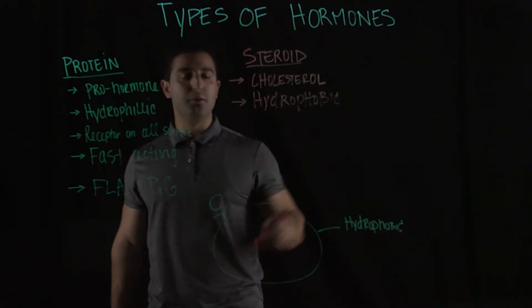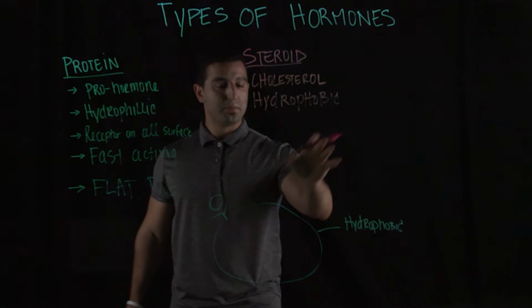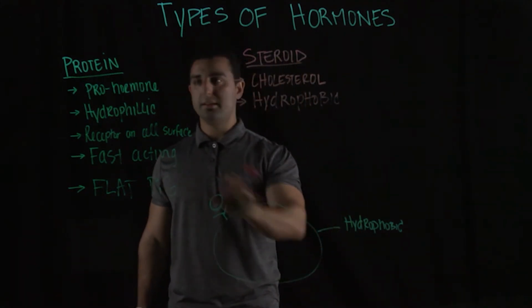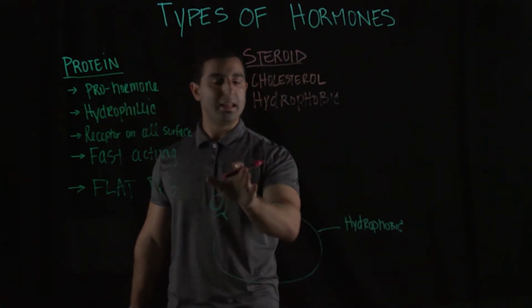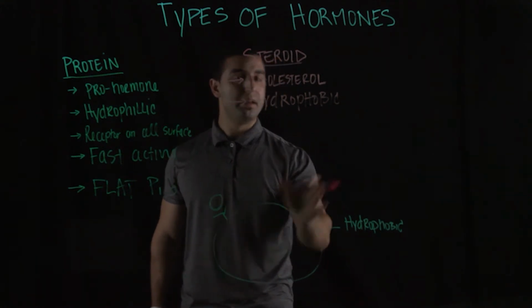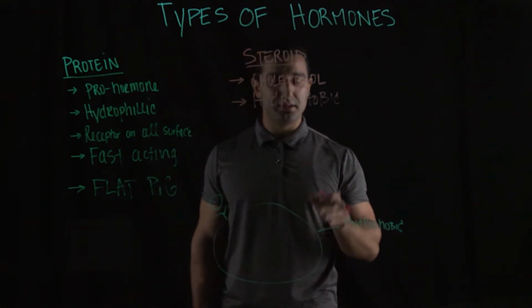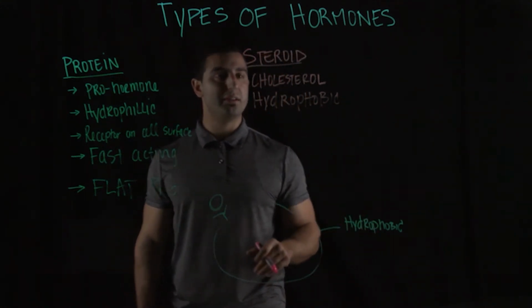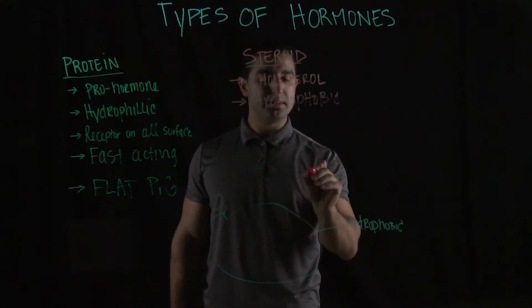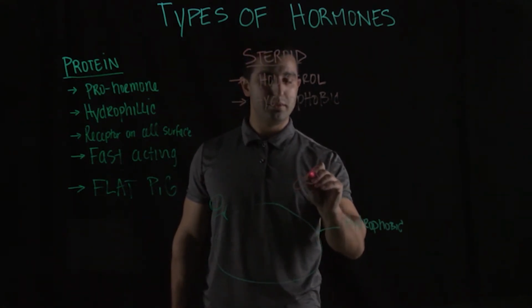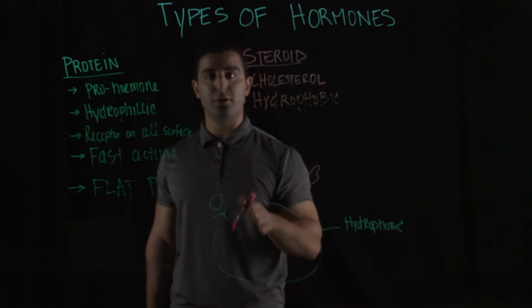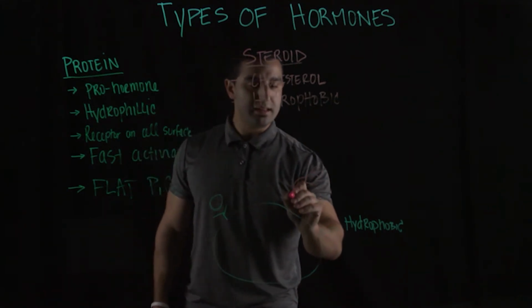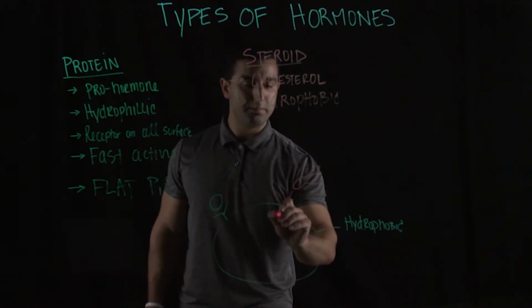They are hydrophobic. So we said that proteins are hydrophilic, so they cannot cross the membrane barrier. How do steroids go into the actual cell? So the uniqueness about steroid hormones, you have these little fats, because they are hydrophobic, they can easily cross the lipid bilayer, right?